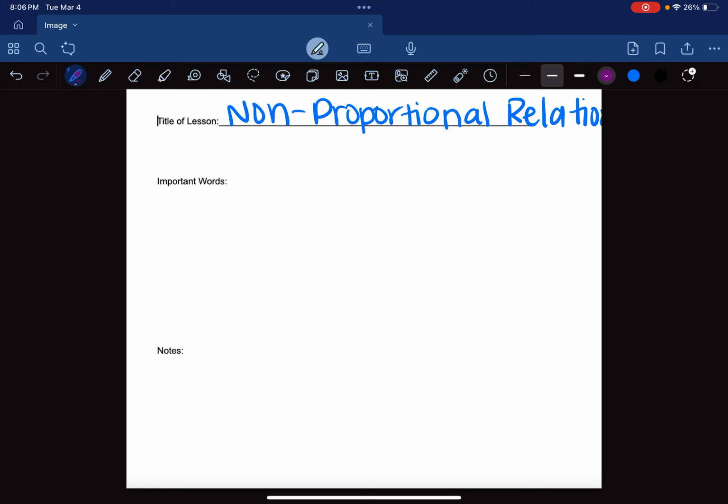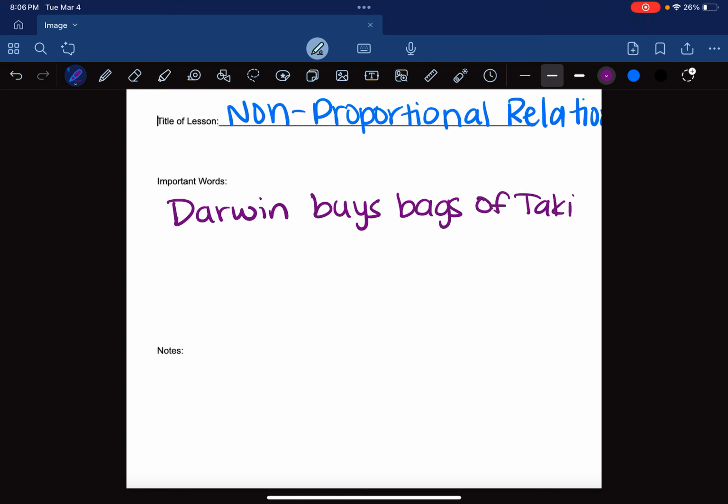And so we can use our example from when we did proportional relationships. And so we started with Darwin buys bags of Takis for $2 each. Okay, so this is the example that we used for proportional relationships.